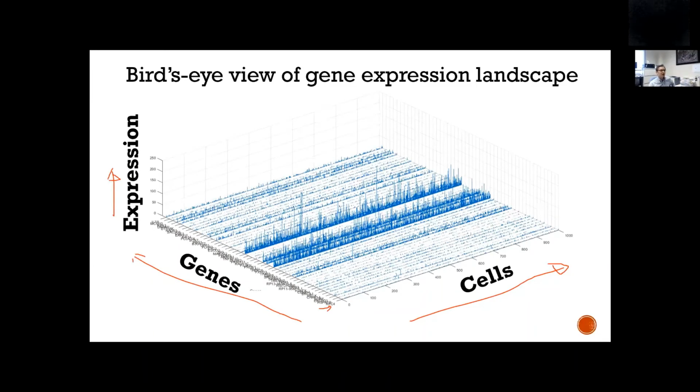The first impression you will have is that some genes, like this and that, have higher expression level overall. This could be a housekeeping gene. Every cell needs that gene expressed in order to survive.